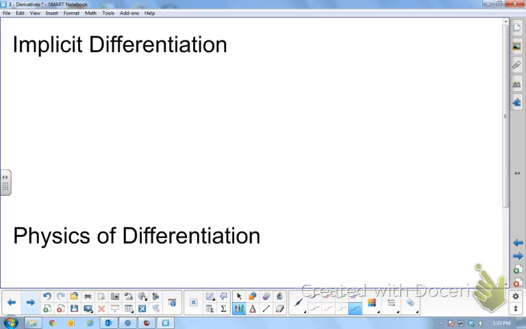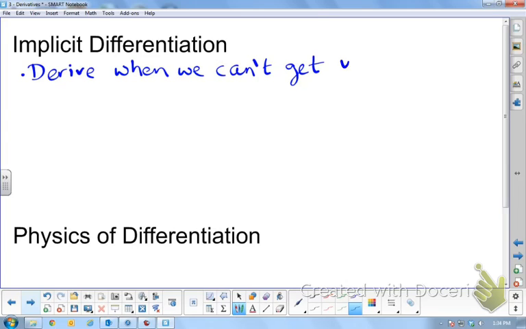Okay. Derive when we can't get y alone. There's a second purpose as well.